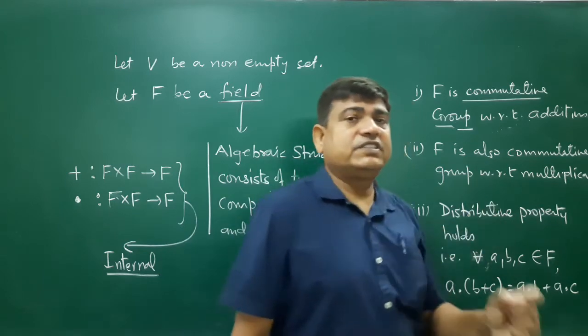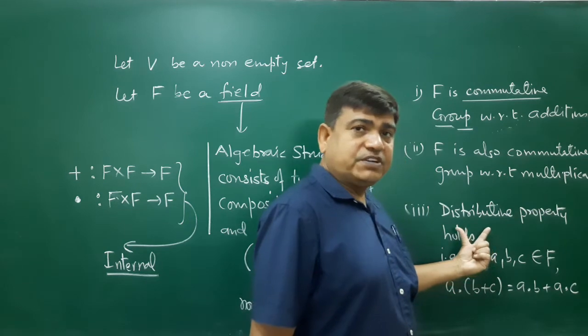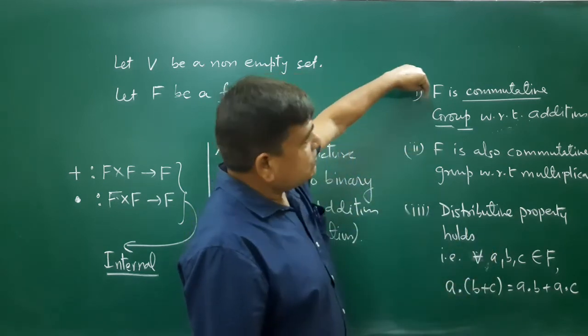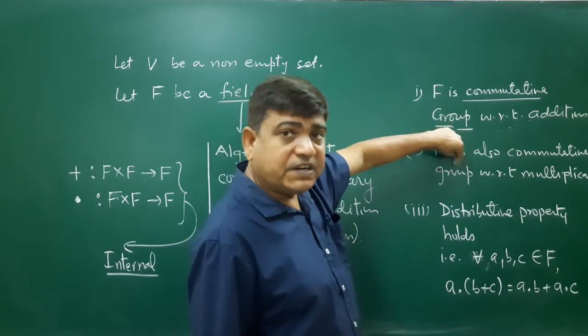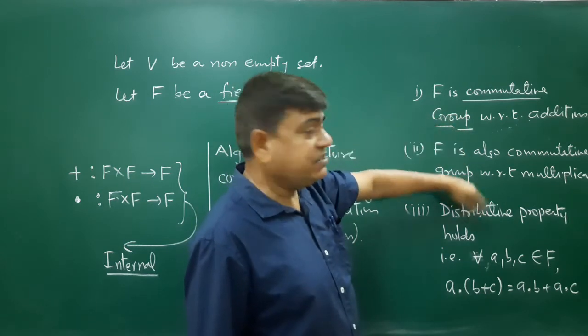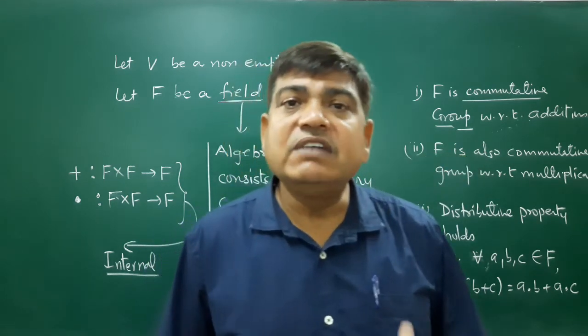Multiplicative, group with respect to multiplication, and this distributive property. So this has 5 properties, this also has 5 properties and 1 distributive property. So 5 plus 5 plus 1 means 11 properties.